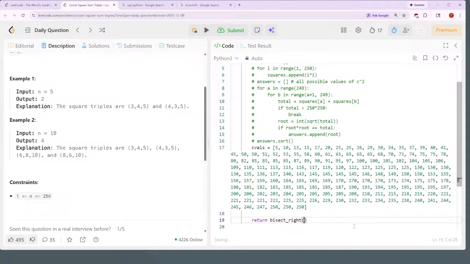And then the array is called cvals. And the search value is n. So if it searches for 5, then it's going to find index 0. No, it's going to find index 1, since that's the right side of the right insertion of 5 into this list.